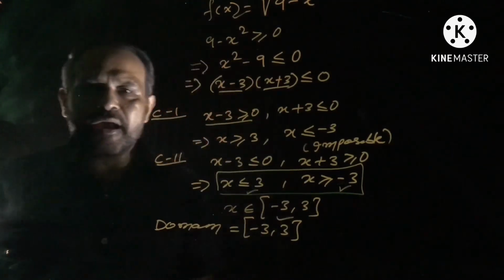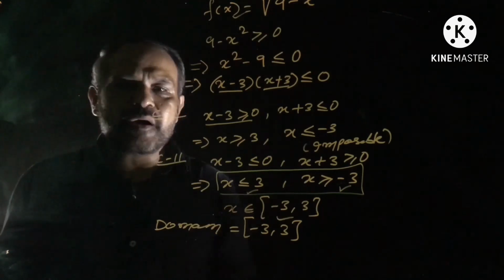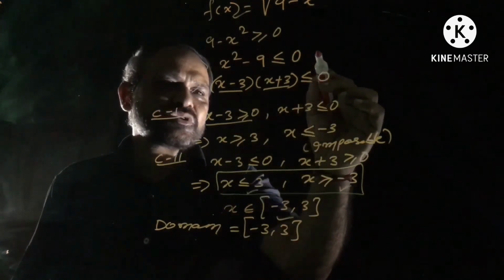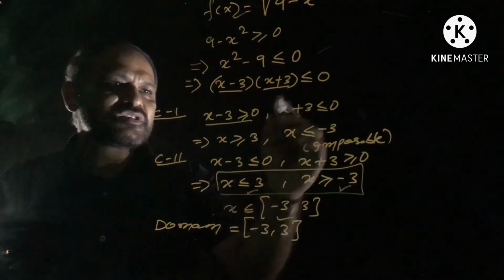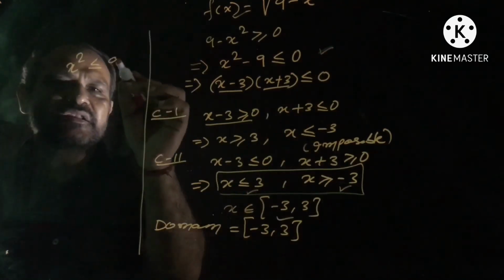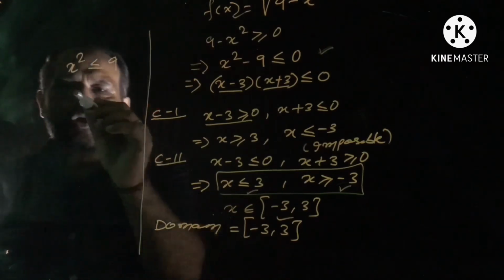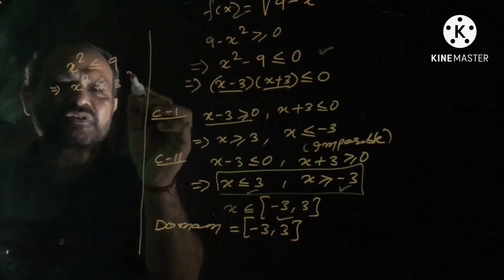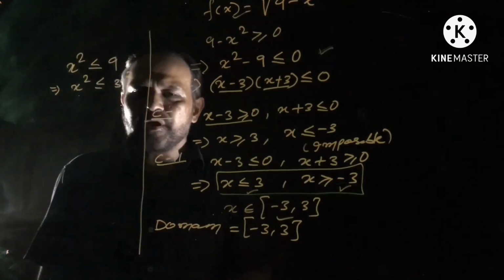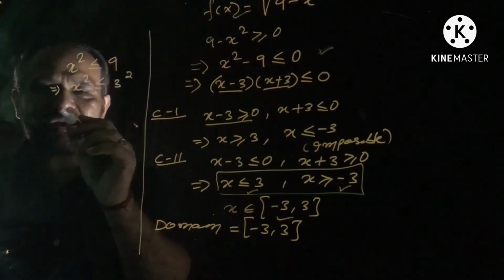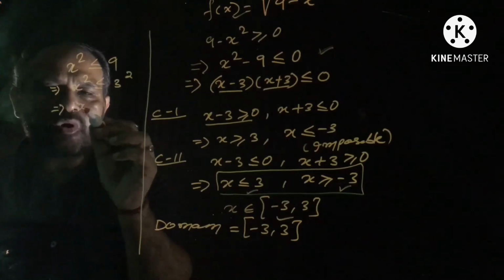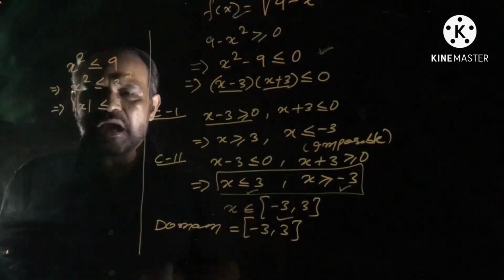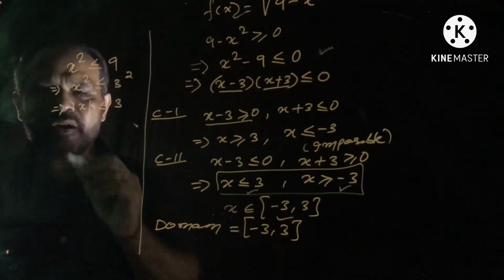Okay. Now I am going to discuss another process by which we can also solve this problem. See here, x square is less than or equal to 9, or we can write x square less than or equal to 3 square. If we eliminate the square on both sides, we can write mod x less than or equal to 3. How do we eliminate the mod?